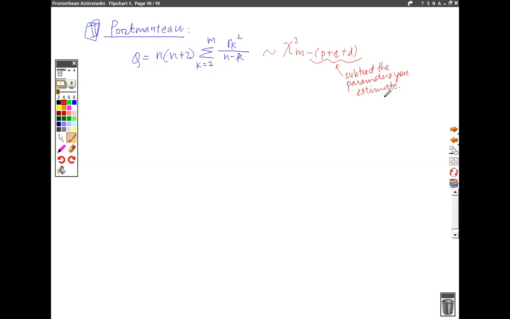And then you are aware of how to compare this. In this test, the smaller the p-value, the more significant the autocorrelation will be.